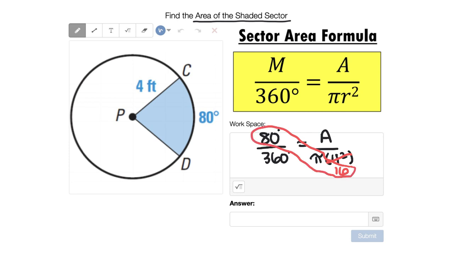I'm going to keep the pi off to the side again. So 80 times 16 is 1280 pi equals 360A. Divide by 360, and you get 3.55 on and on.